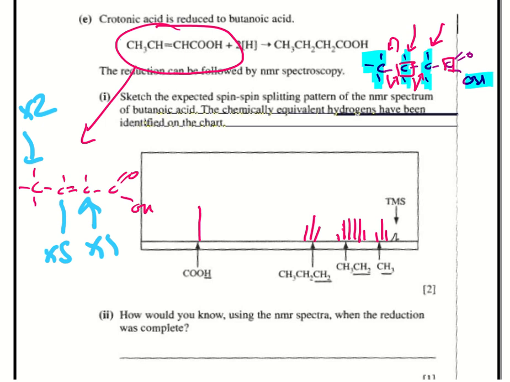So you know when reduction is complete when those 3 peaks have gone. Okay, so you no longer have a quintet, a second singlet, and a doublet.